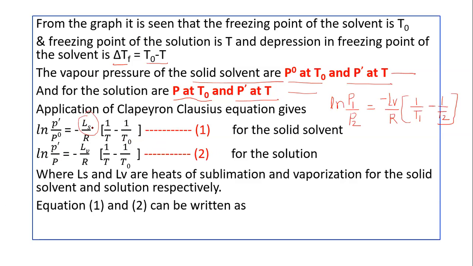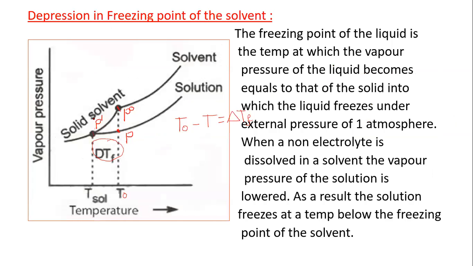So what is Ls? Ls is the latent heat of sublimation, because in this curve, between P0 and P dash, this is totally the solid solvent, and we know that a solid has a tendency to convert into the vapor state. That process is called sublimation. Therefore, the latent heat of sublimation Ls is used.